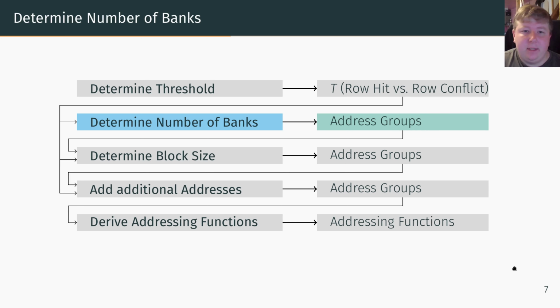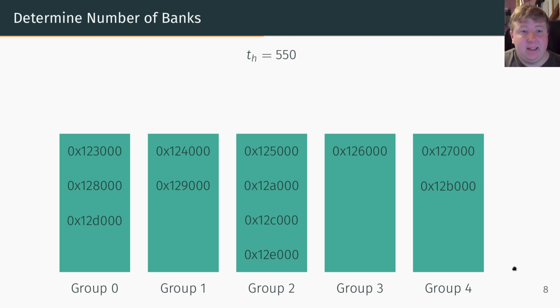In the next step, we determine the number of banks. This will be explained with a little example. So let's assume we've already found 5 groups of addresses which we declare to be banks, and we've measured a threshold of 550 before. Now we want to group another address, 1F000.